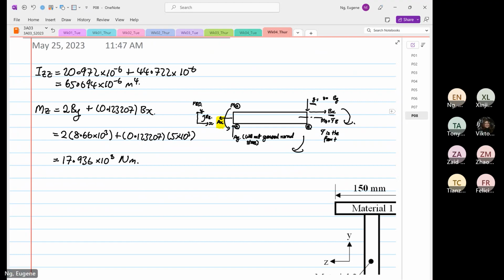Okay. So let's look for the maximum stress. Okay, maximum stress of material number 1. Right? And if you look at here, the moment is going this way. So this is tensile and this is compression, right?